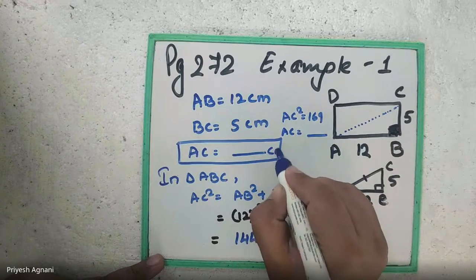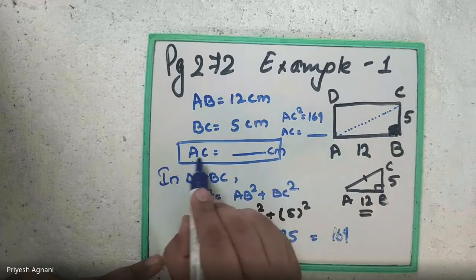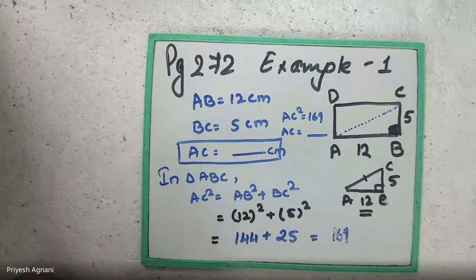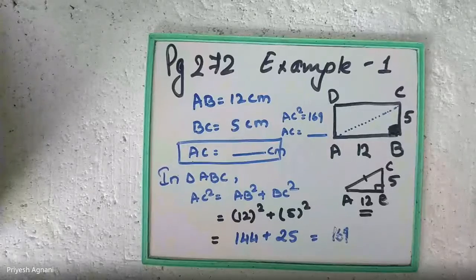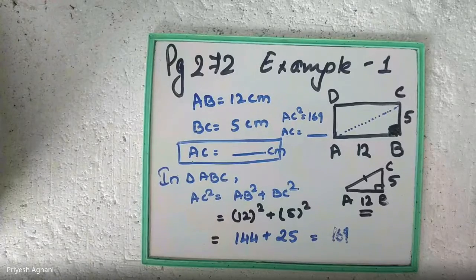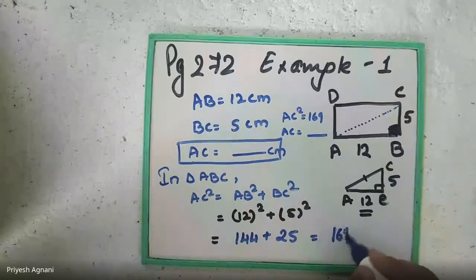I want everyone to use the chat box and put AC is equal to dash centimeter. Chat box everyone. I give you a moment. Please write it down everyone.